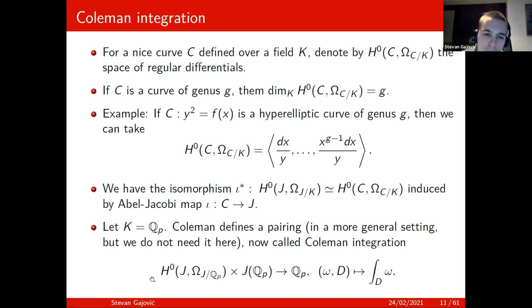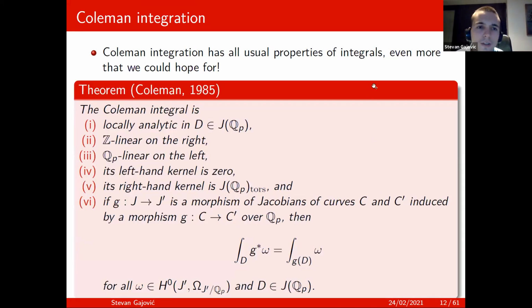So we take all regular differentials and all elements of the Jacobian, and we define an integration of regular differentials over a divisor. We see elements of the Jacobian as divisors of degree 0, and we integrate over them. This integral has many nice properties.